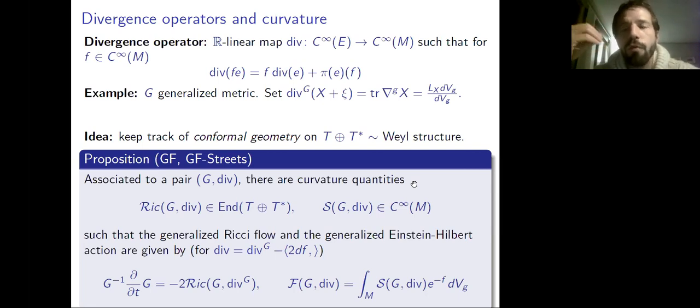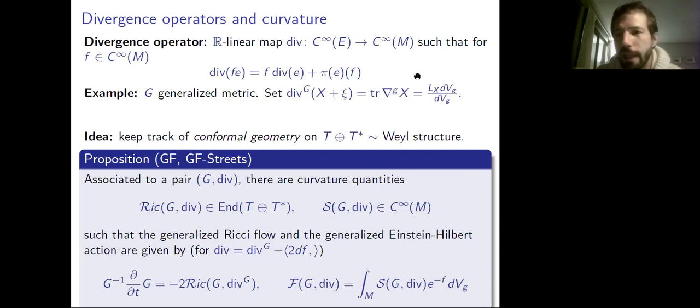And then I'm going to define two quantities which are going to play an important role. One of these quantities is the generalized Ricci tensor, which I'm going to regard as tangent to the space of generalized metrics. The other one is the scalar curvature, which is going to be the integrand in this generalized Einstein-Hilbert action.